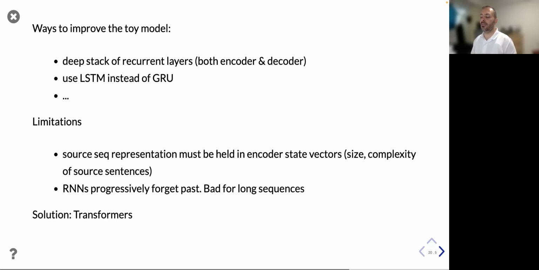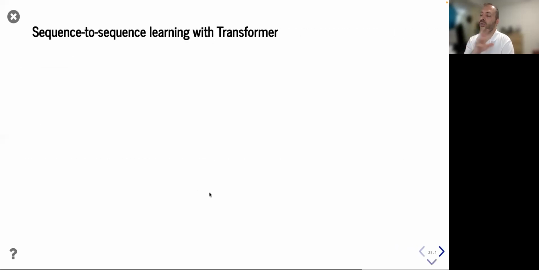And the other bad thing is that the RNNs progressively forget the past, which is a problem because we cannot have really long sequences treated with RNNs. And for this, we have the transformer, which is actually quite good with long sequences. So let's see how we can take this same task and use a transformer for sequence-to-sequence learning.